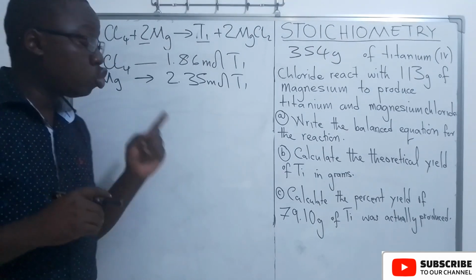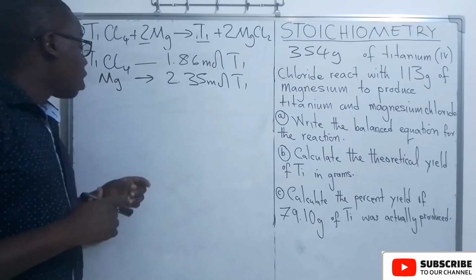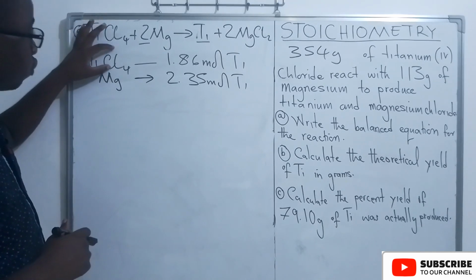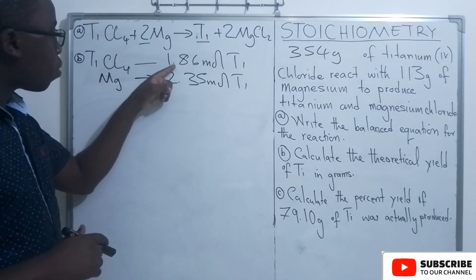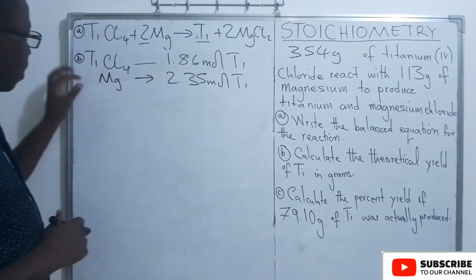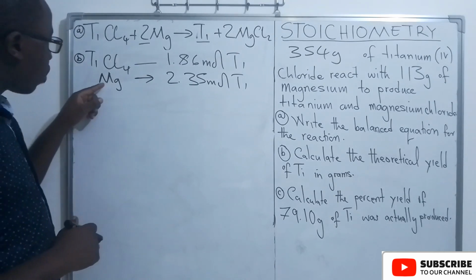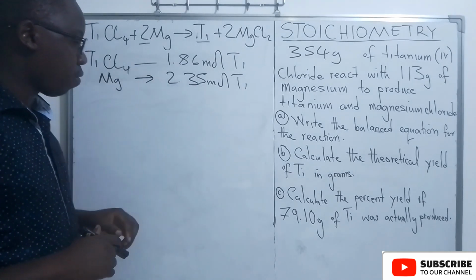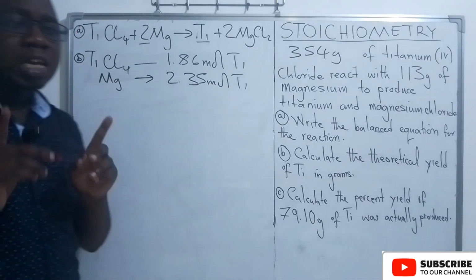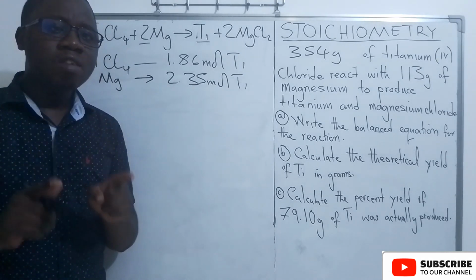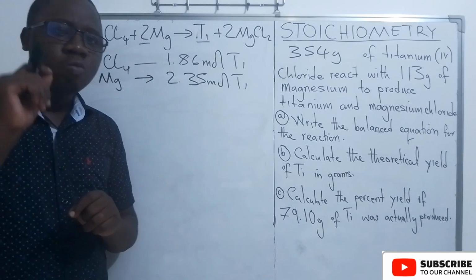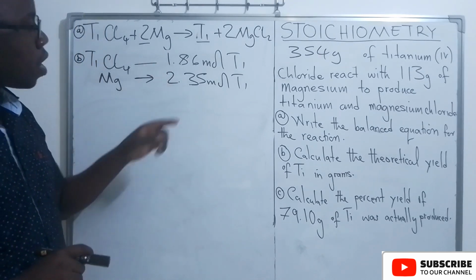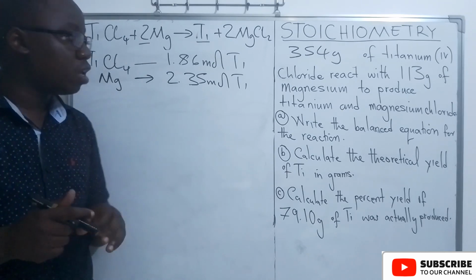We have 2 numbers of moles. The number of moles that can be produced when titanium chloride is used is 1.86. The number of moles that can be produced when magnesium is used is 2.35. Remember, the limiting reagent is the one that gives us the smallest number of moles. Which of the 2 numbers is the smallest?